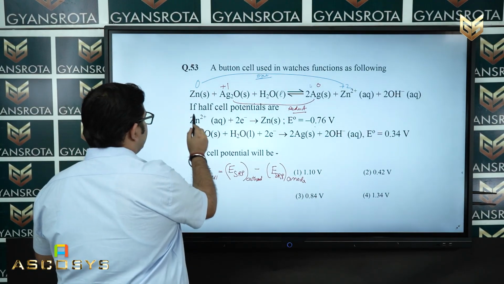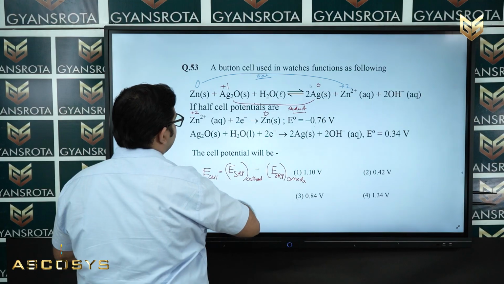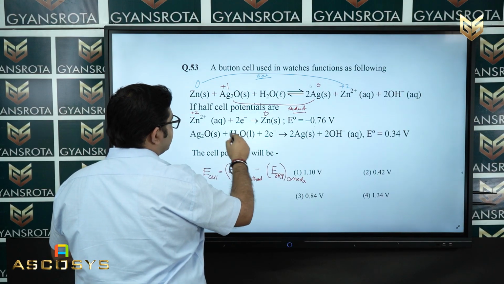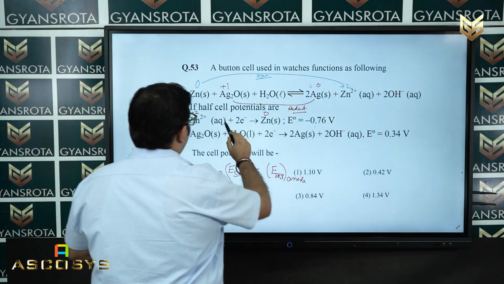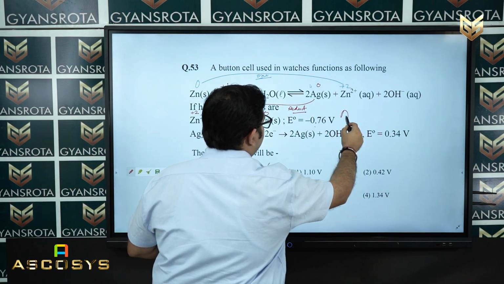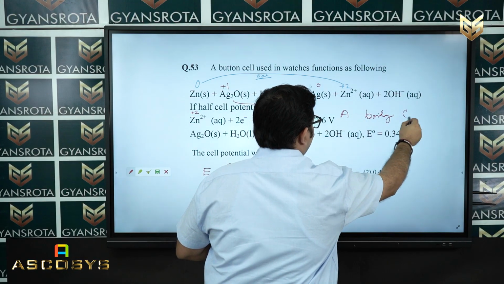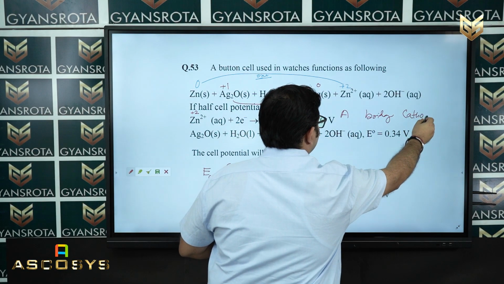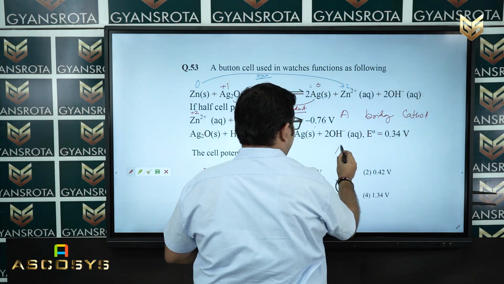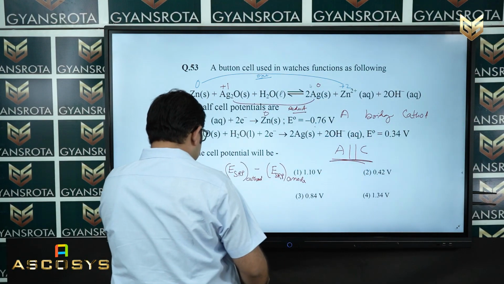For this, +2 is converted into 0, which means they have already given the standard reduction potential. We know the cell representation is anode, salt bridge, and cathode.